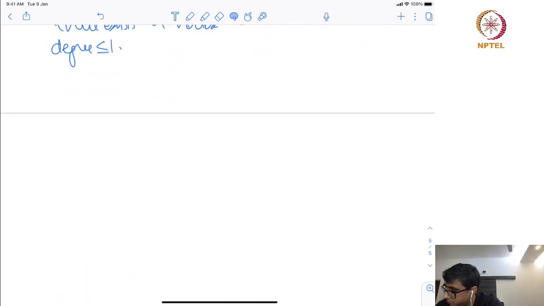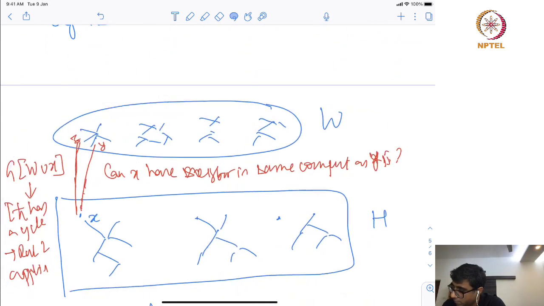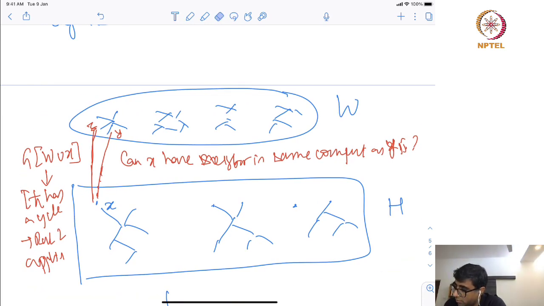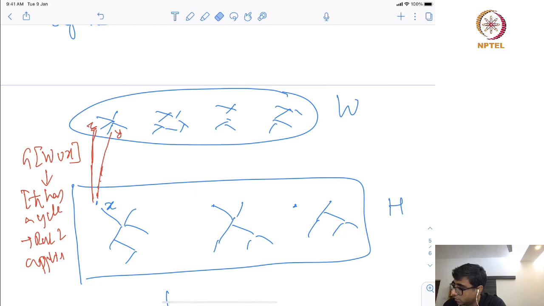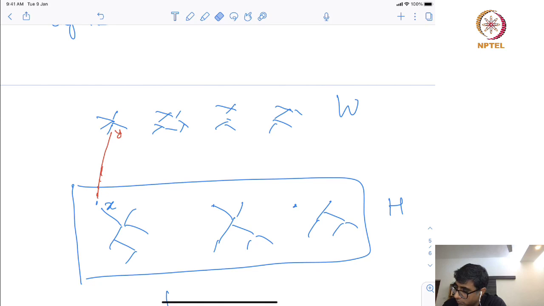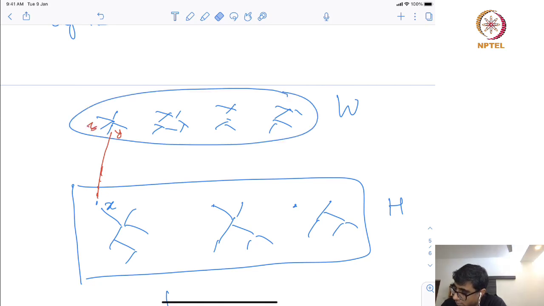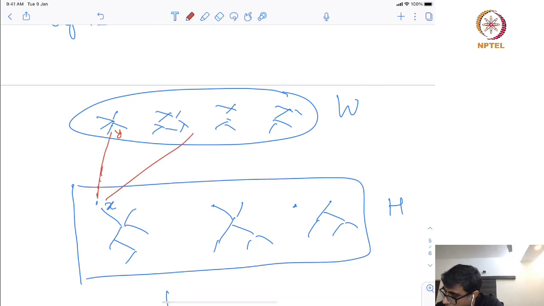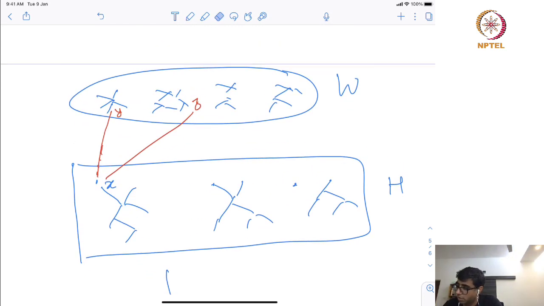So this situation cannot arise. So where is the other neighbor? It must be somewhere in another component.